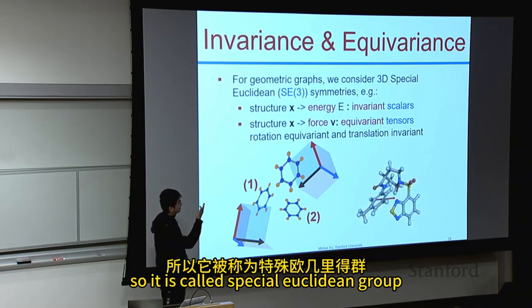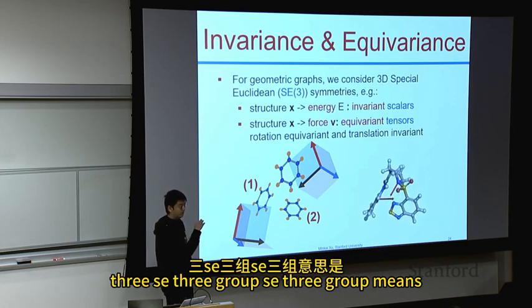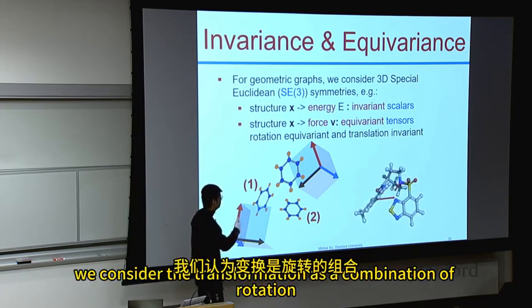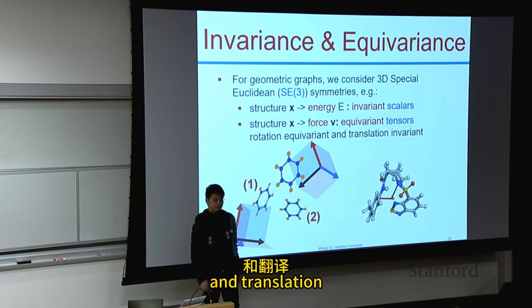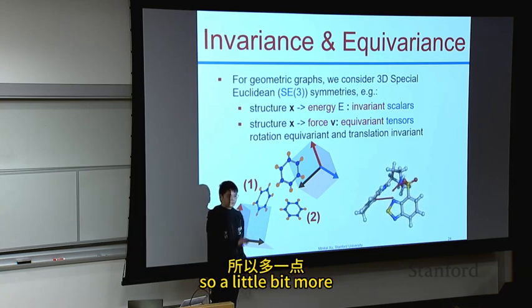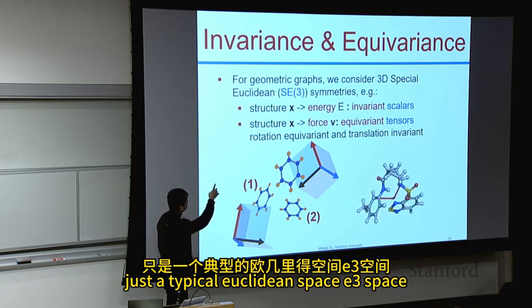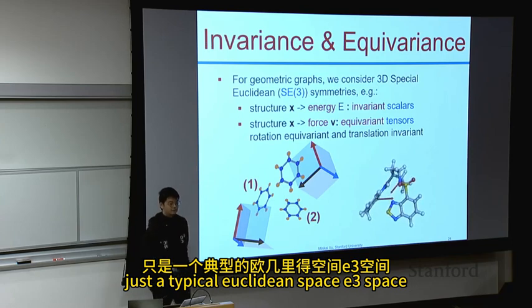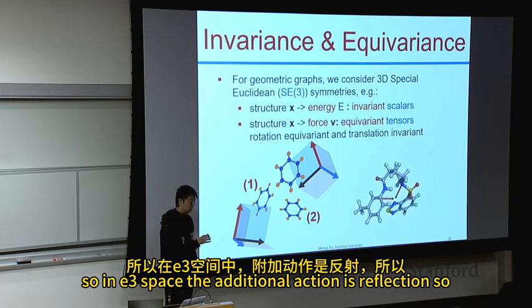It is called the special Euclidean group 3, the SE3 group. SE3 group means we consider the transformation as a combination of rotation and translation. A little bit more: there is also the typical Euclidean space, E3 space. In E3 space, the additional action is reflection.